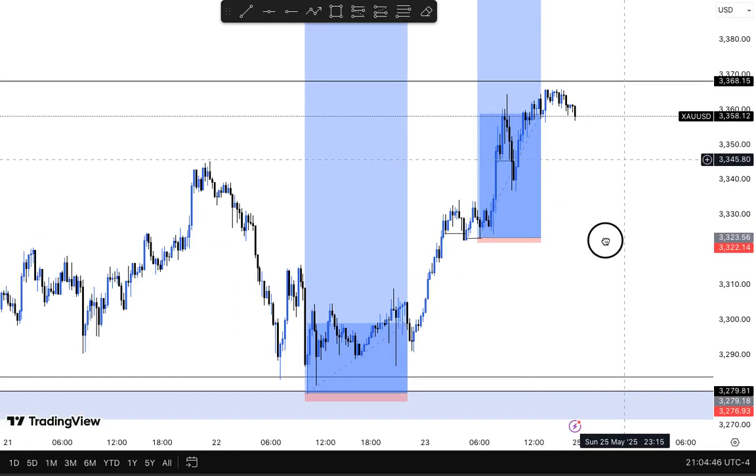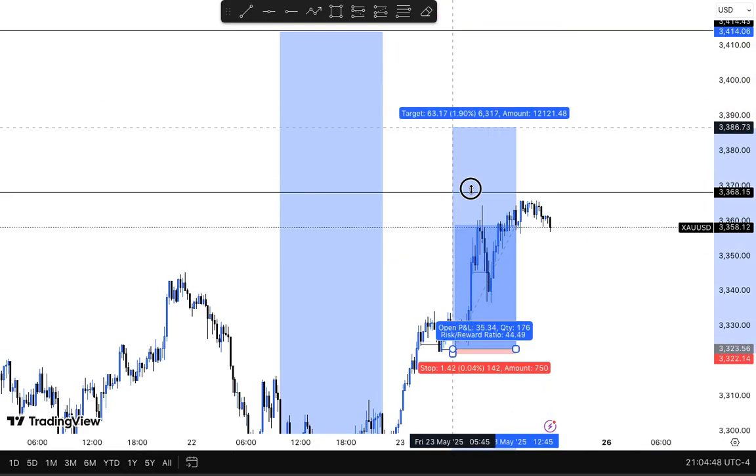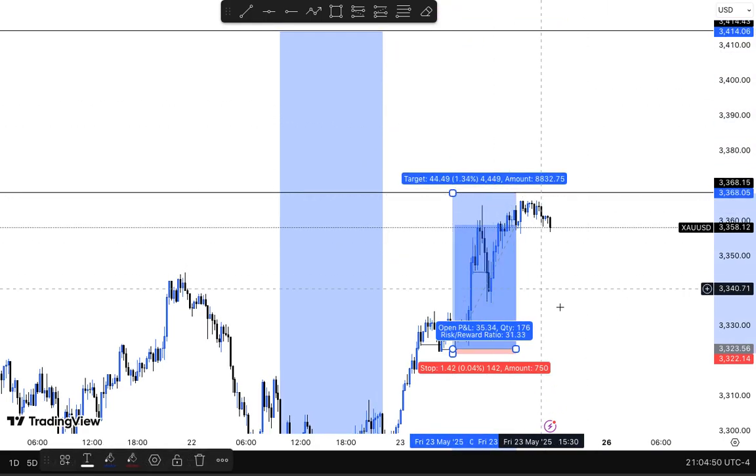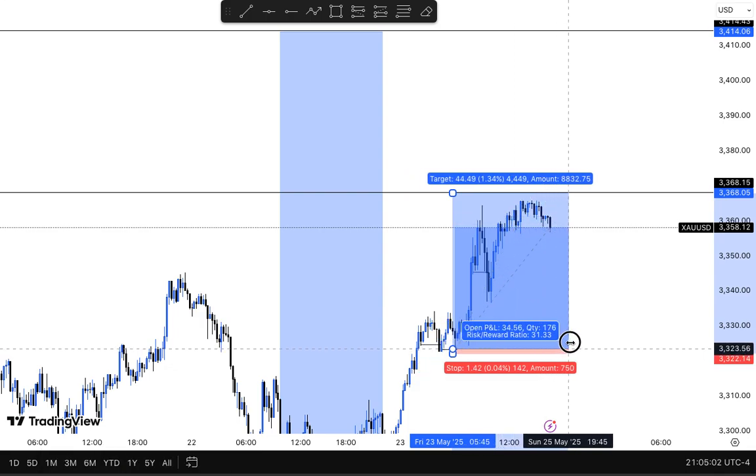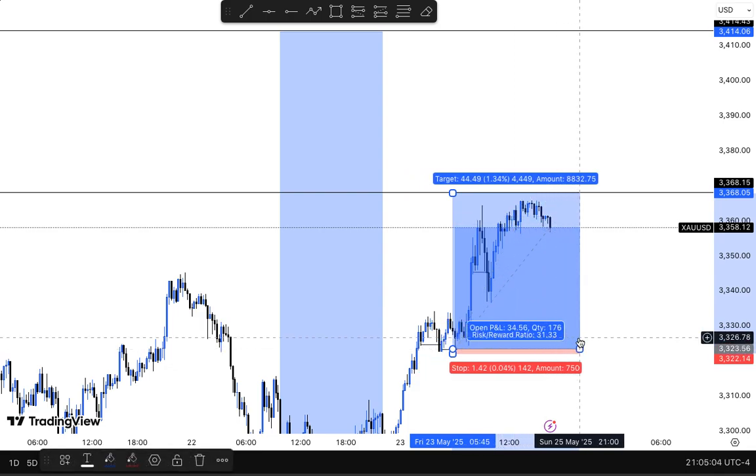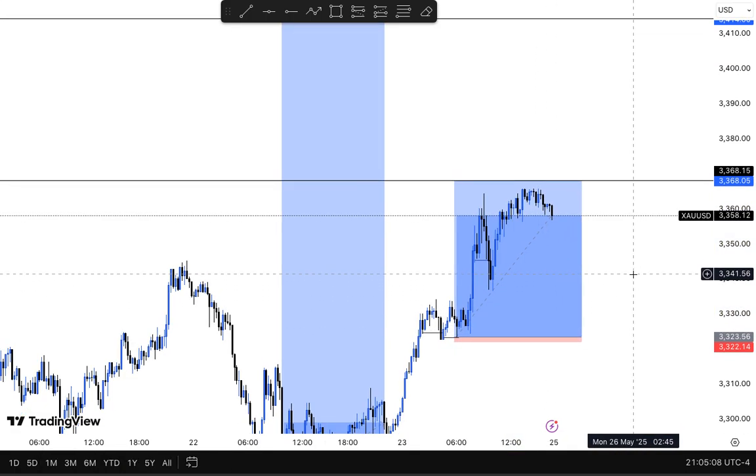Then your TP could be here. Most of the time, I wouldn't even say most of the time, anytime you have to switch to the 4 hour time frame to set your profit target. And your profit target also has to be a resistance or a support level or something like that.